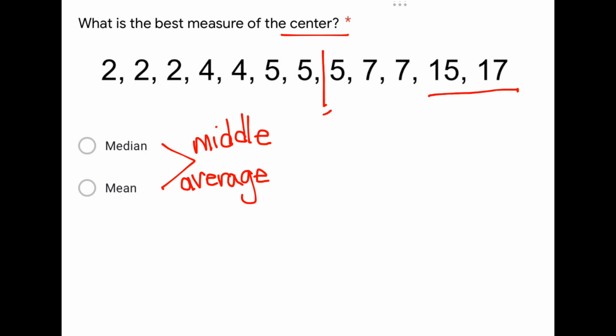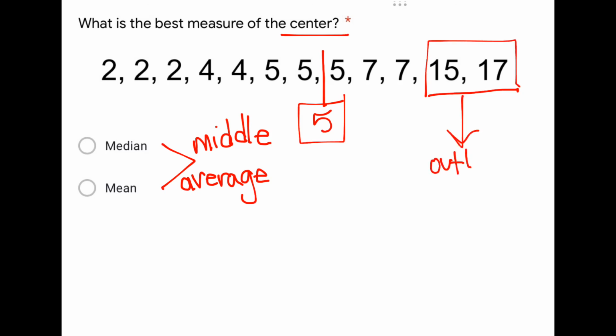So, what do you think would be the best measure of center? If you look this up, which one is better when you have outliers. These are like outliers.